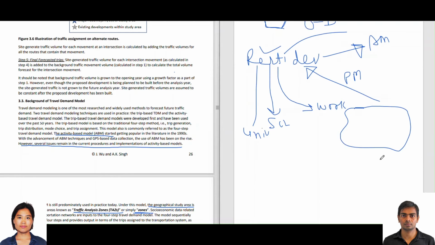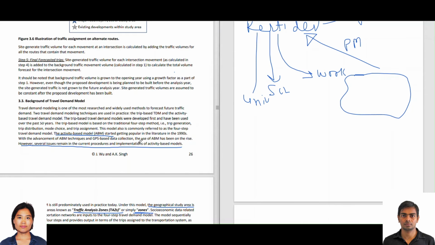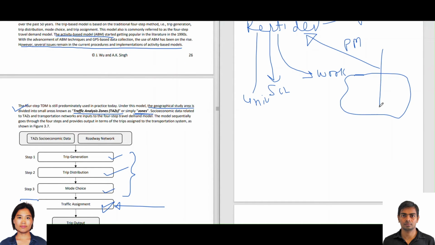So let's say this is an MPO area and this is their travel demand model. Then there will be some big routes, for example interstate or US routes, where vehicles would be going from one end to another, and they are not going to end up in the study area, or some of them may end up in the study area as well.